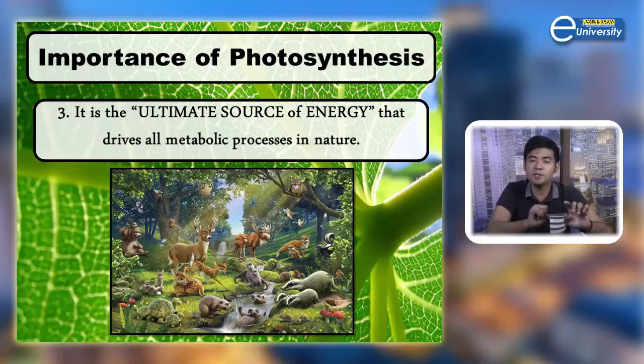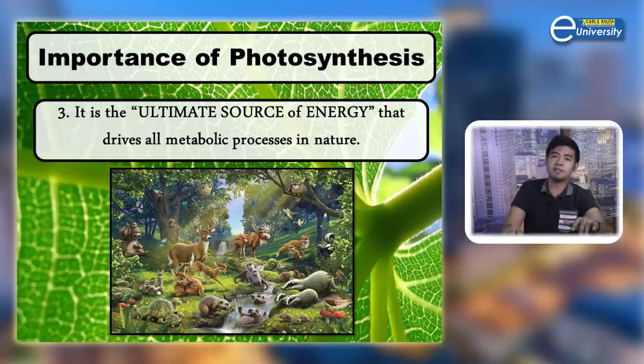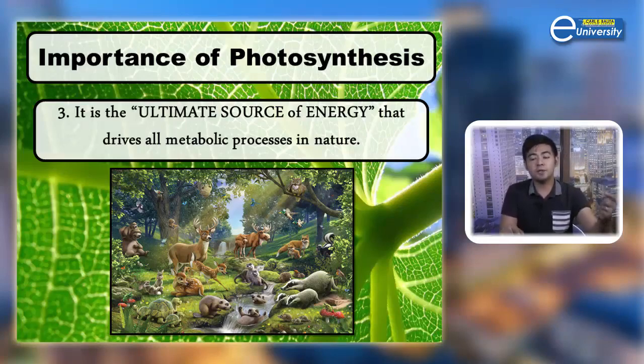Take note, the ultimate source of energy, since plants provide the energy, or since the autotrophs are consumed by the heterotrophs, which is further used for the energy metabolism, or in the production of energy for further work or other processes to support the daily living of different cells. So again, those are the importance of photosynthesis in the different organisms and of course in our nature.